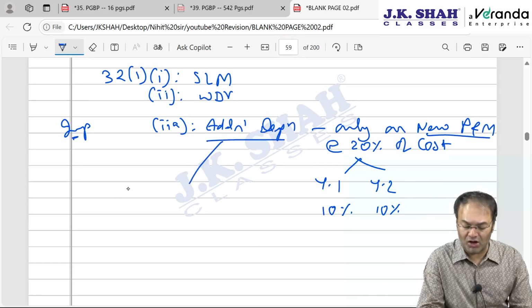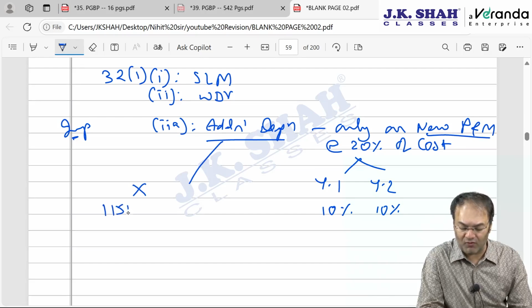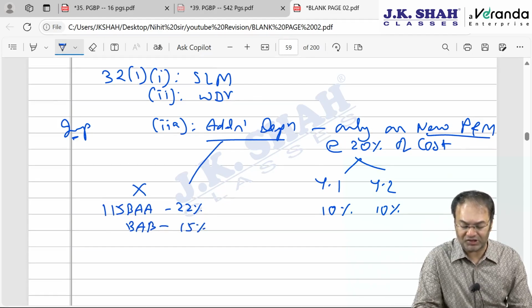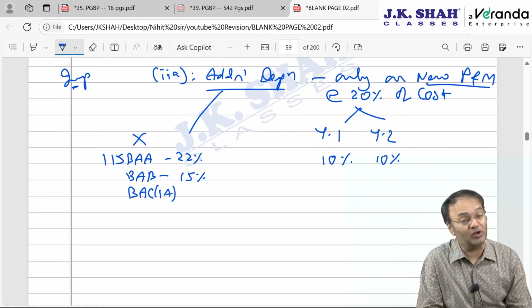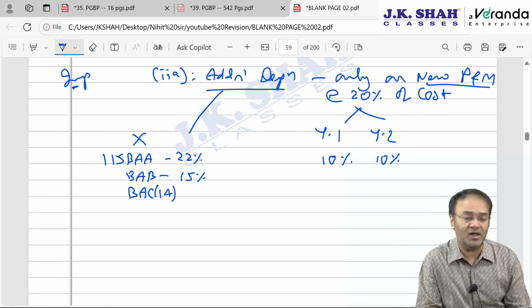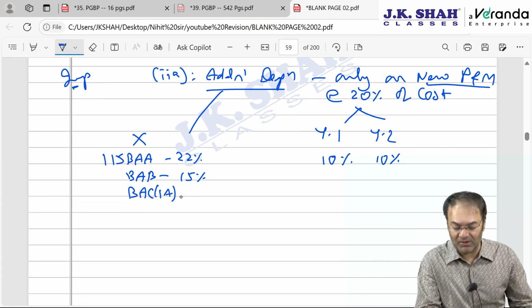Additional depreciation is not allowed to those who have opted for 115BAA, a domestic company opting for the 22% tax rate, or 115BAB, a domestic manufacturing company opting for the 15% tax rate, or 115BAC subsection 1A, applicable to individual, HUF, AOP, BOI and artificial juridical person, the new tax regime, NTR as I call it.